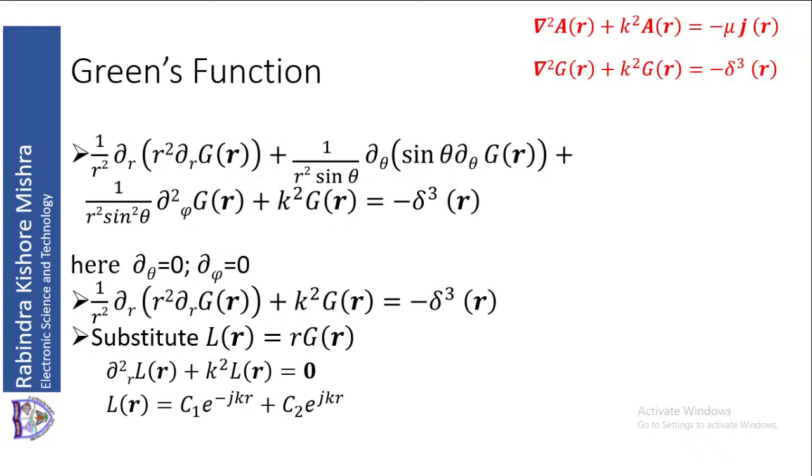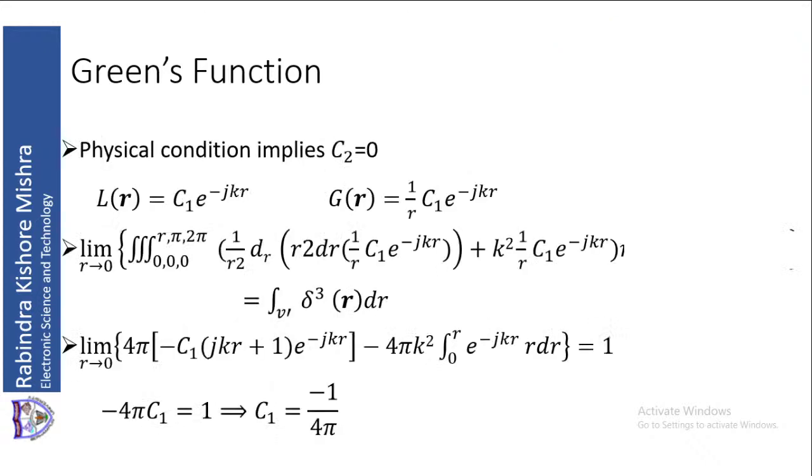That part should not contribute, which means C2 should be 0. So L(r) is equal to C1 exp(−jkr). That is the condition that we will take.